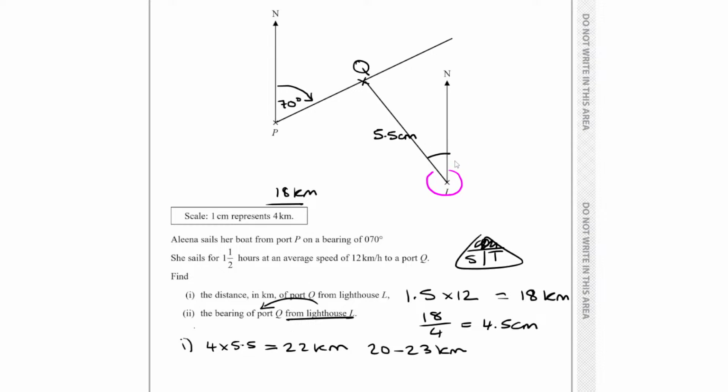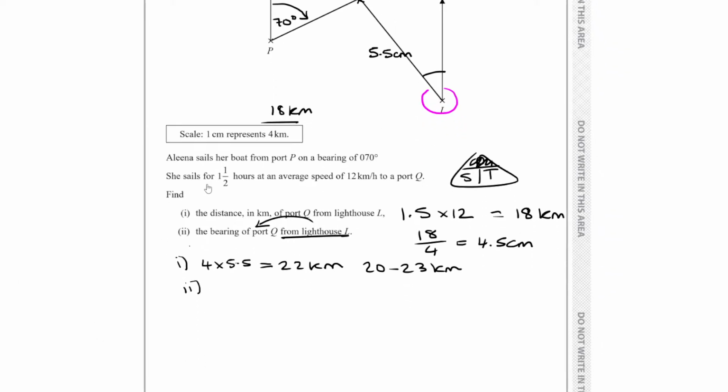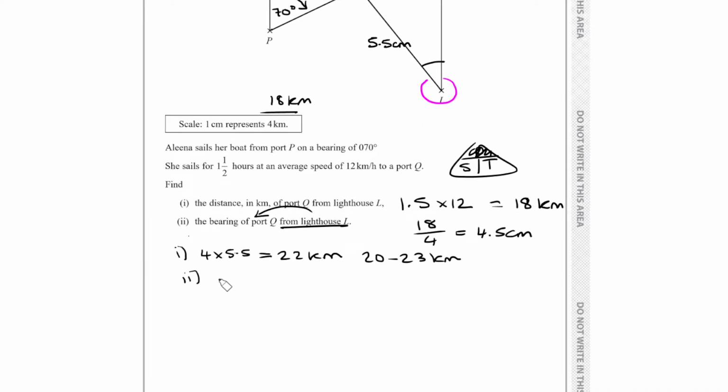So you would have measured it, as long as you got something. They've given a range for this. Obviously I don't have a protractor either, but they've given a range. However you chose to figure it out, as long as you got something between 317 and 330, a fairly decent range they've given you there, that would be fine for your bearing. But you have to make sure you know which bearing it's referring to.